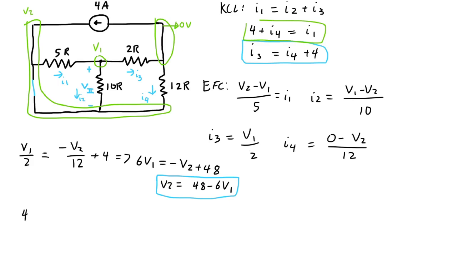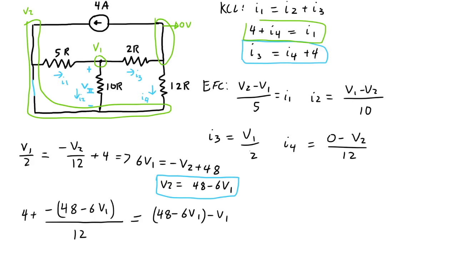So 4 plus I4, which is minus (48 minus 6V1) over 12, which equals I1, which is (48 minus 6V1 minus V1) over 5.